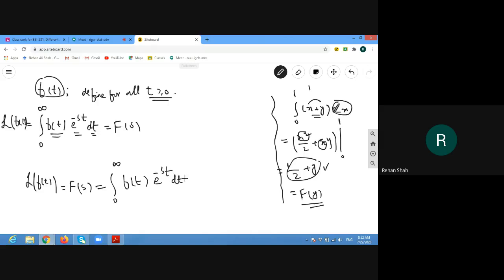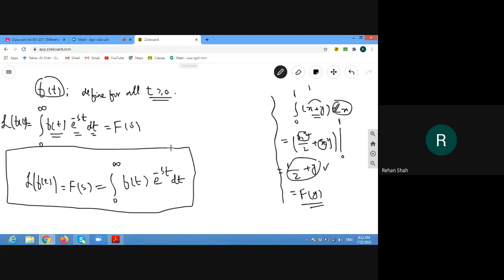So you can define your own transformation, but there are some properties of a transformation. Suppose I multiply f of t with t square, and suppose I am defining this transformation from 0 to 2.